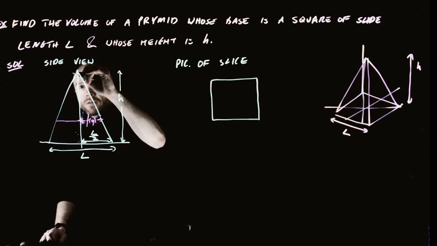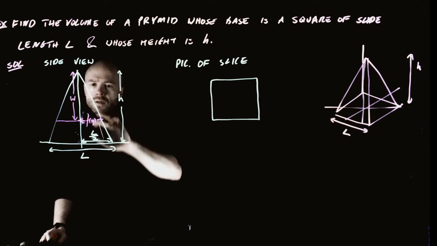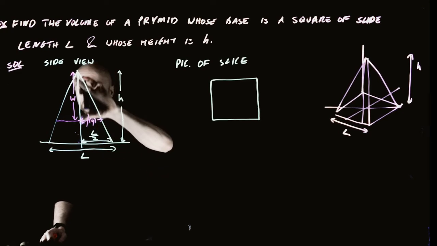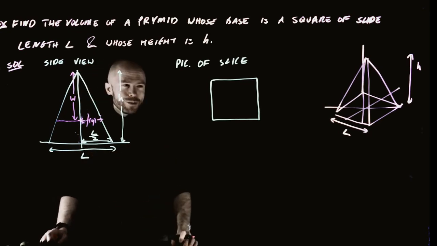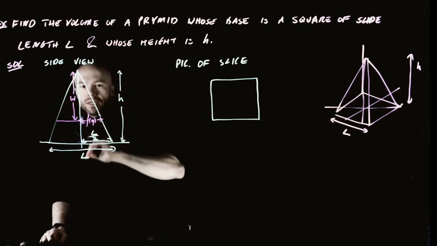I'm going to call this thing from the top w. So w is the height from the top, or the length from the top, how do I express that? w is how far down from the top we choose to take the slice.